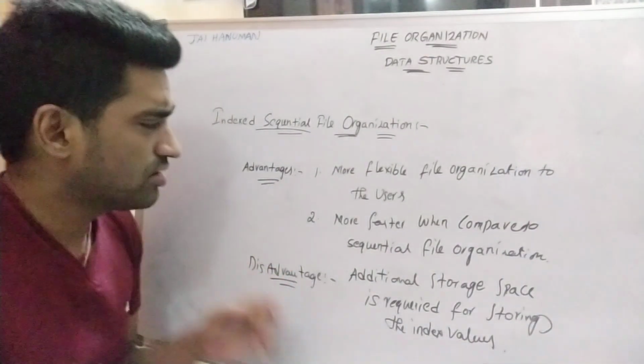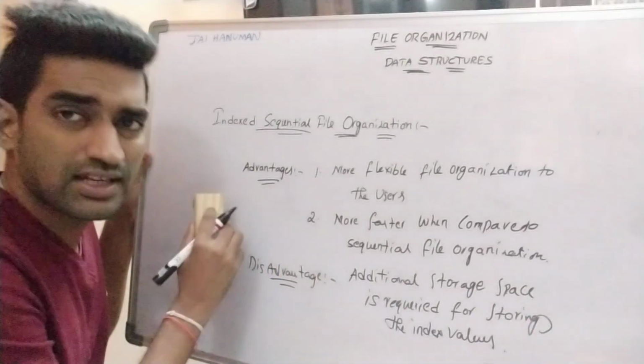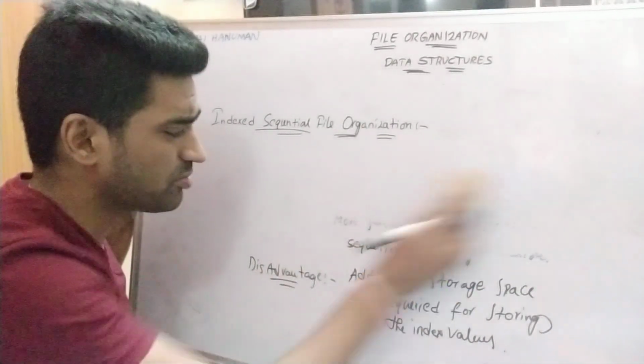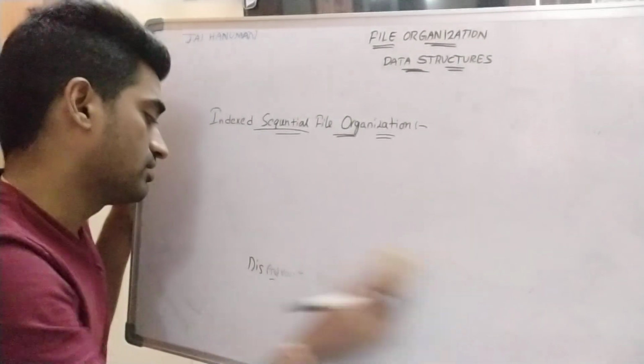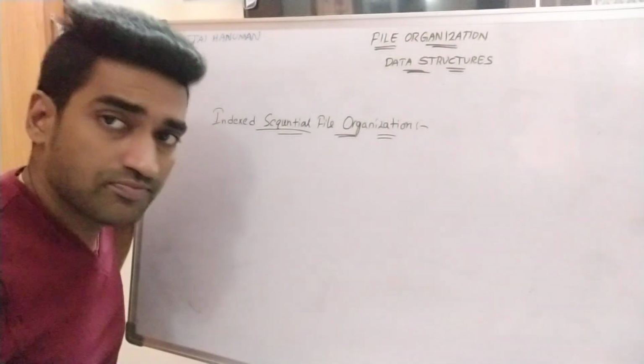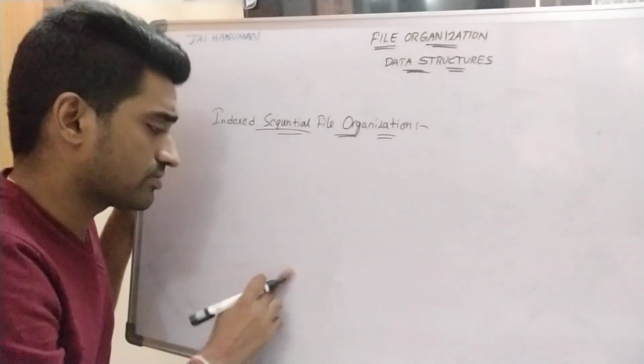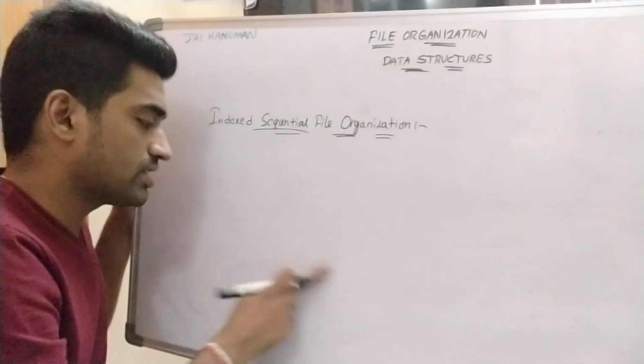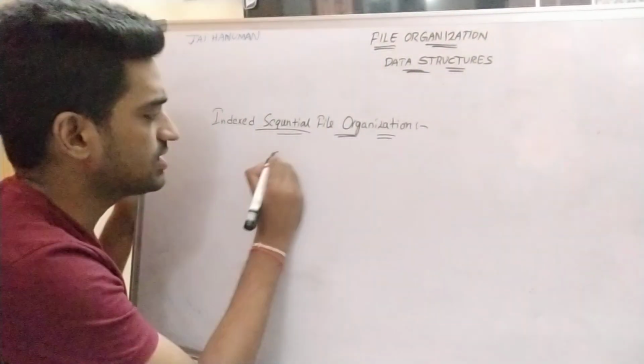Coming to what is the real-time example for indexed sequential file organization. For suppose here I am considering a student details file.